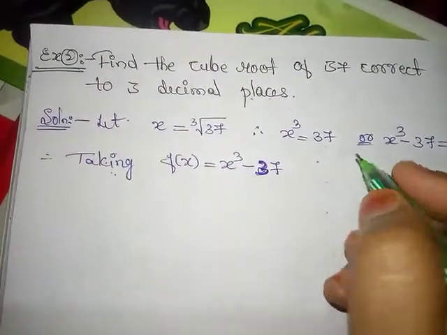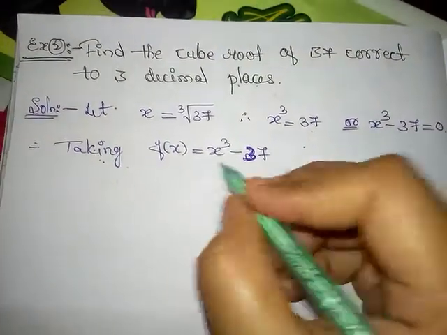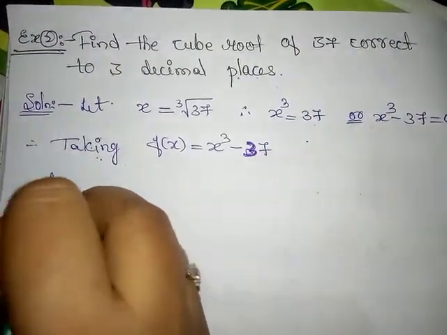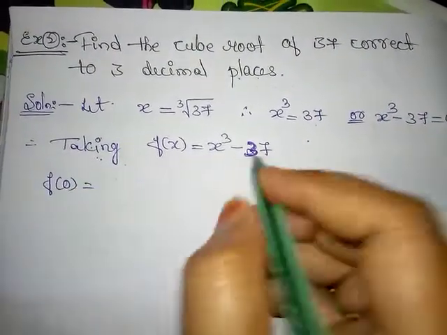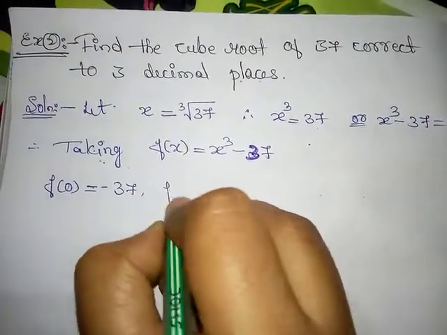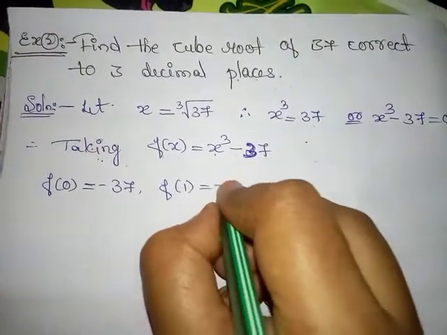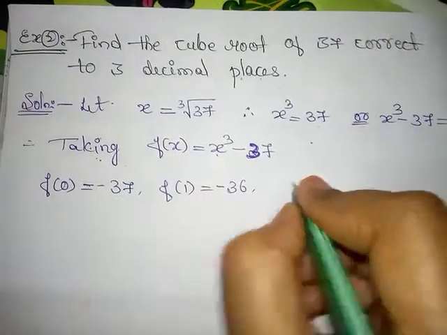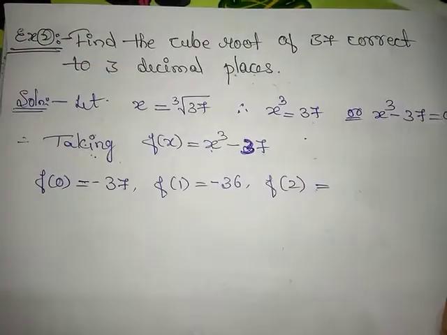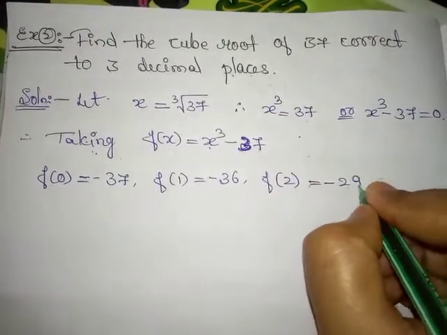Now, we have to take the values for the interval a comma b. What we will get? f of 0 is equal to minus 37. f of 1 is equal to 1 minus 37, which is minus 36. f of 2 is equal to 8, 8 minus 37 is minus 29.